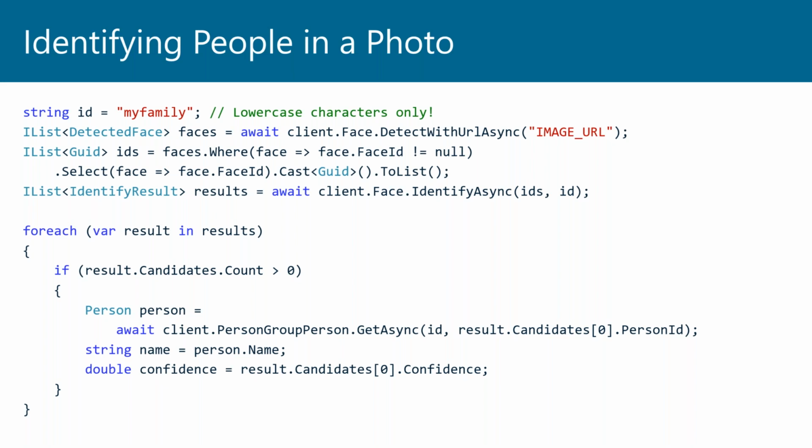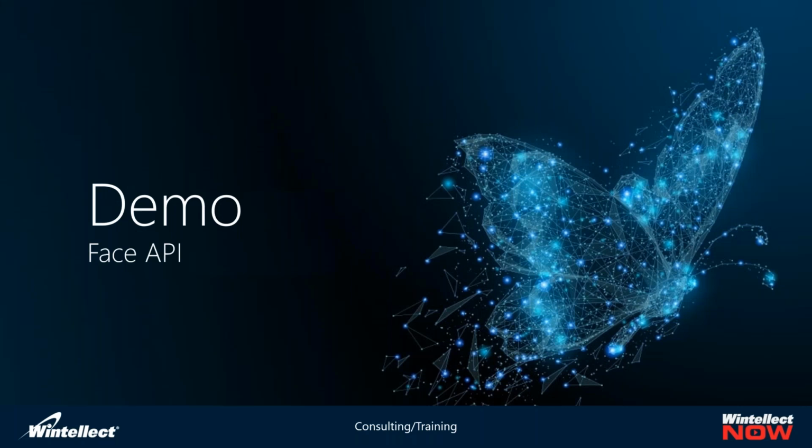And what it will do is give you back a collection that you can iterate over with for each. It will tell you all of the people in the person group that it thinks could be the person in the photo, and it will give you a confidence level for each one of those. It actually works remarkably well in practice.